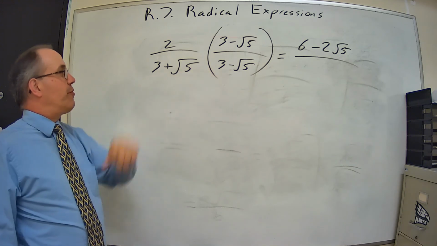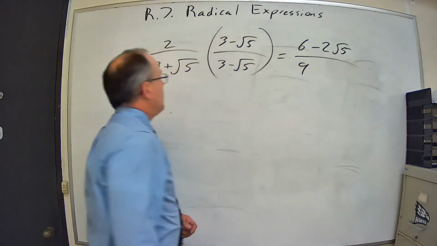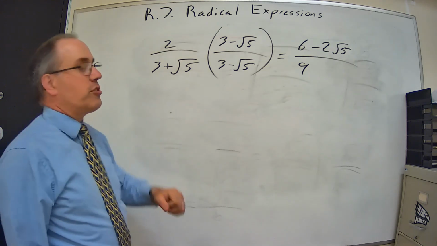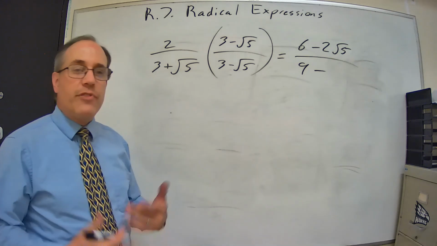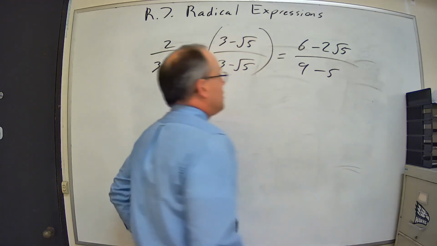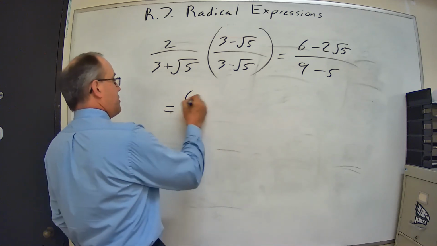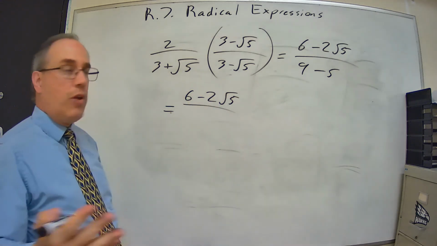We're going to square the first one. 3 squared is 9. And then we're going to subtract the square of the second one. Square root of 5 squared is 5. So that takes us to 6 minus 2 radical 5 over 9 minus 5, which is 4.